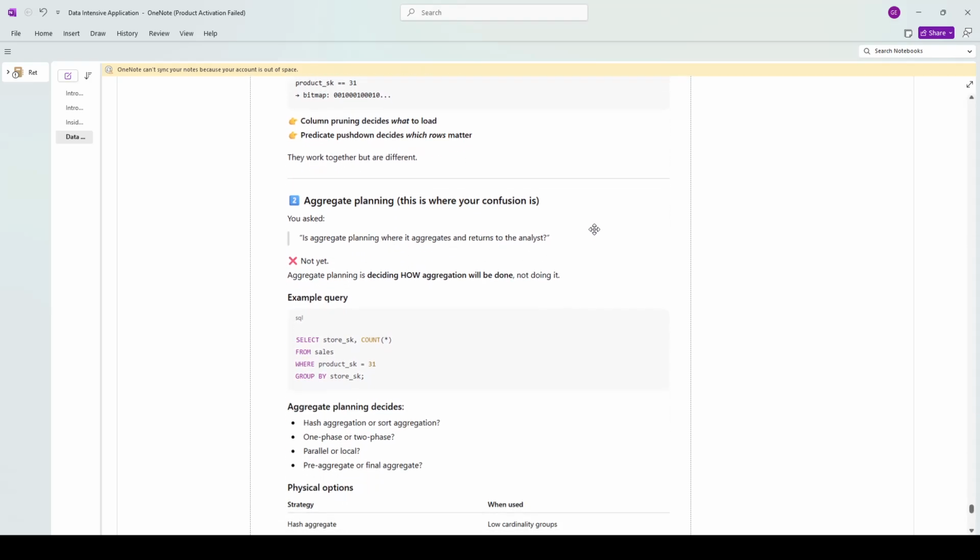Aggregate planning, this is where your confusion is. You ask, is aggregate planning where it aggregates and returns to the analyst? Not yet. Aggregate planning is deciding how aggregation will be done, not doing it.